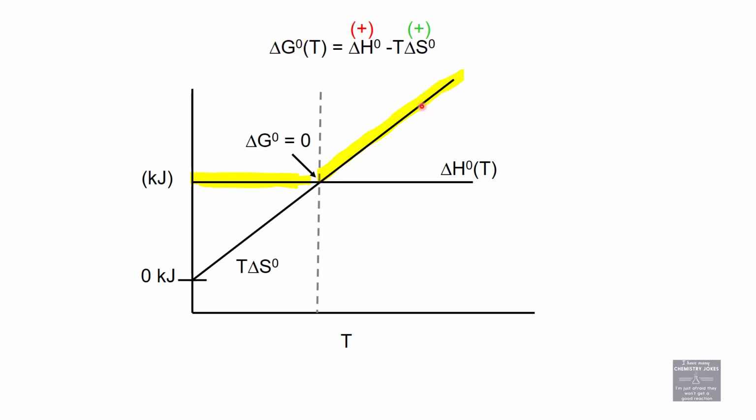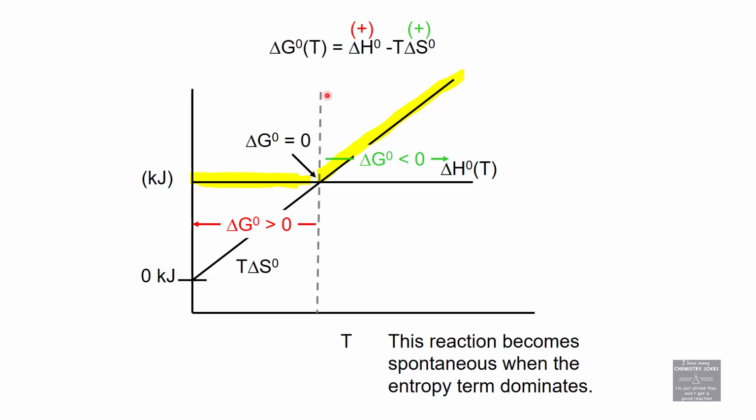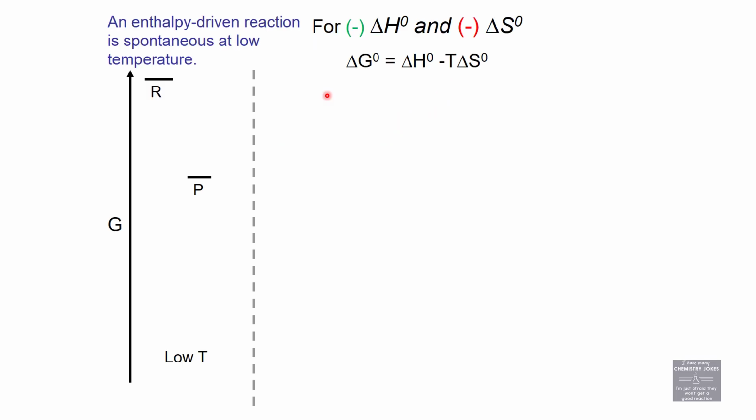After that point, this term becomes dominant, and I'm subtracting, so that's what allows G to become negative. It's positive over here, it's negative over there, it's 0 at the intersection of those two lines. It's spontaneous when the entropy term in our equation starts to be dominant. Got it? What about an enthalpy-driven reaction?